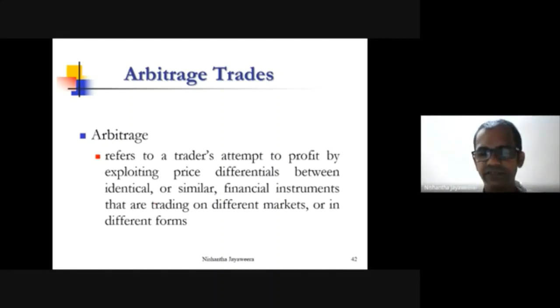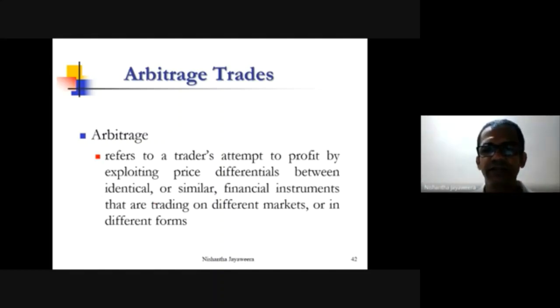Here what we are referring to are different ways of pricing, or implicit prices, through different instruments.